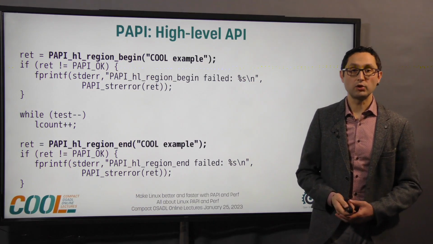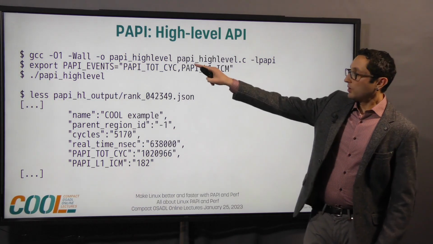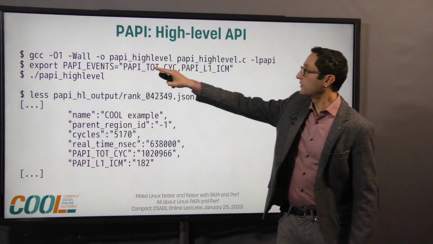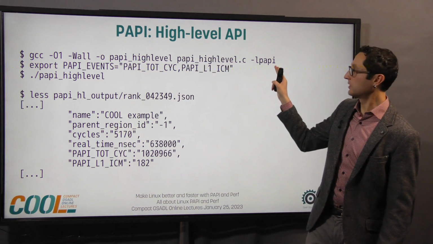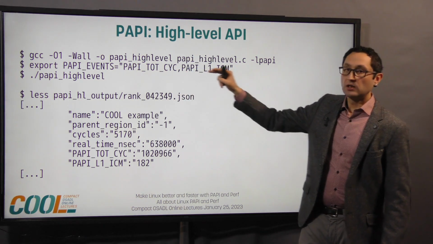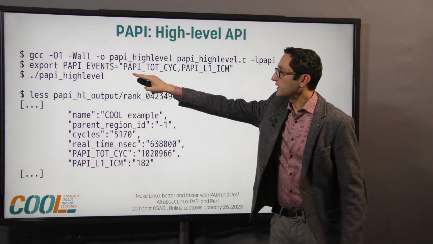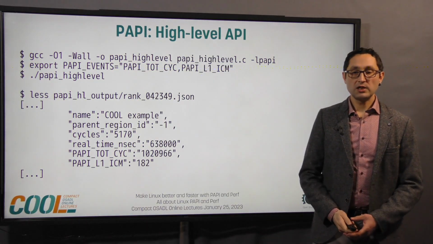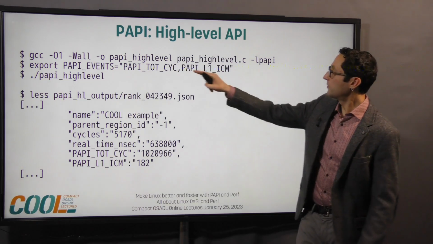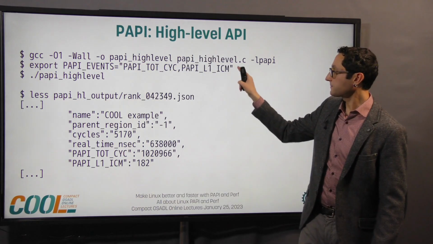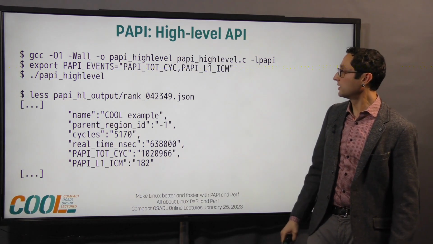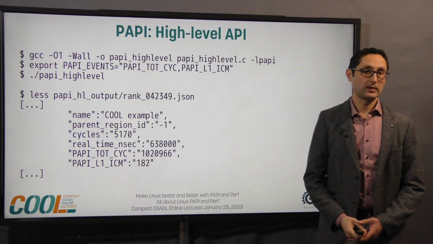But how does this work? Following the same example, first of all, we compile with O1, also linking against lib PAPI. And before we run it, we export a variable which is called PAPI_EVENTS. So we tell it we want to count the total number of cycles, and we also want to look into the cache events.